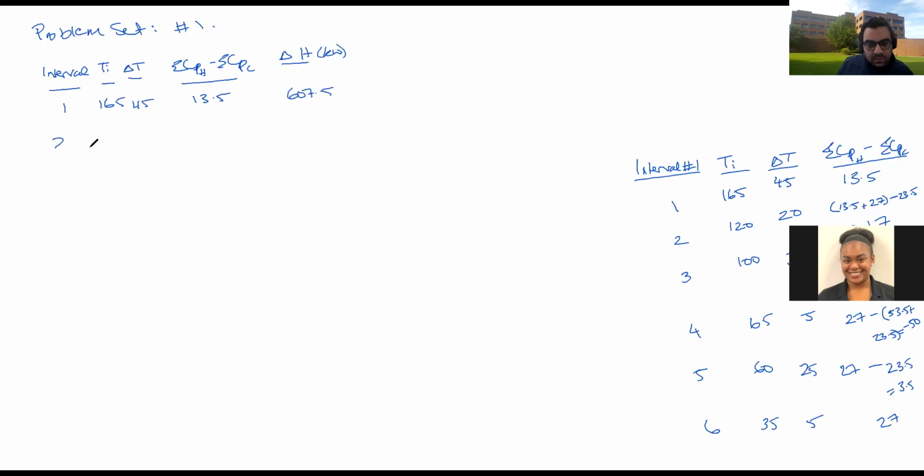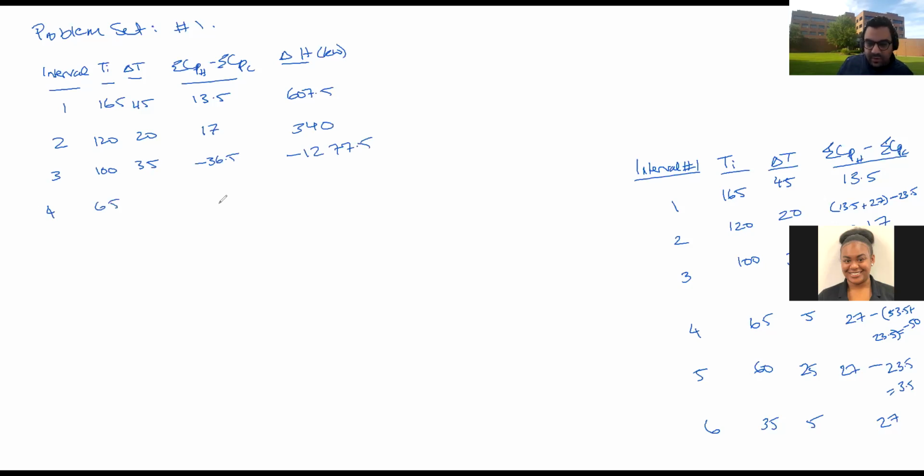Interval 2 is, we said 120, 20, and then this is 17. So this value is 340. Interval 3 is 100 to 35 minus 36.5. So I have 35 multiplied by minus 36.5. So I have minus 1277.5. Interval 4 is 65.